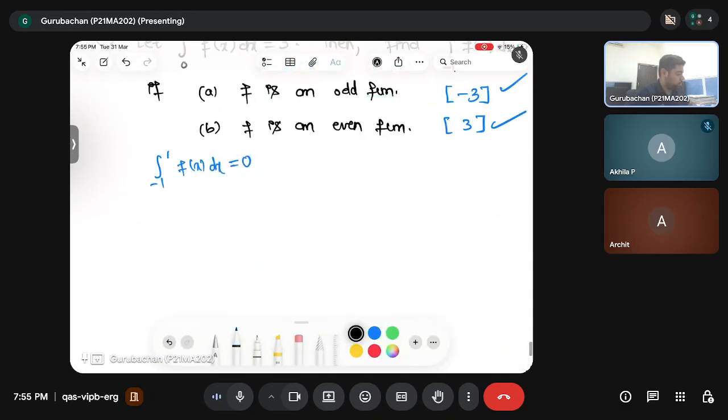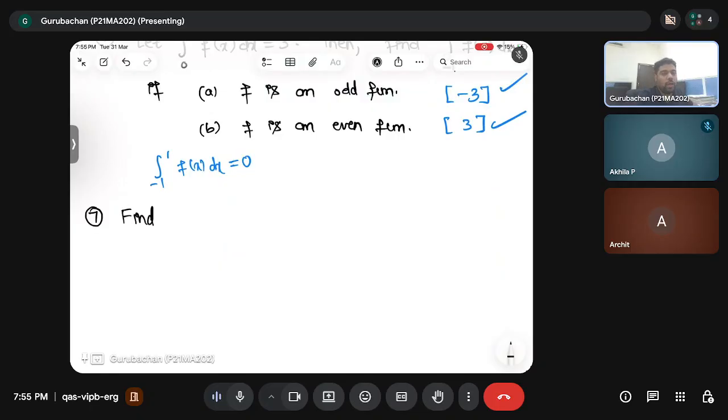So the last question is where you don't know the intersection point, or you don't know from where to where you have to integrate. Find the area enclosed by the curves.